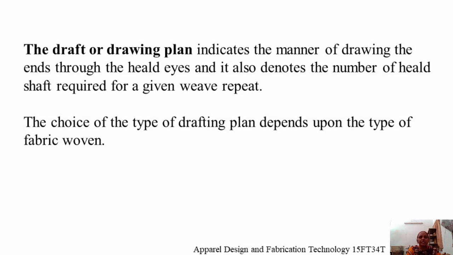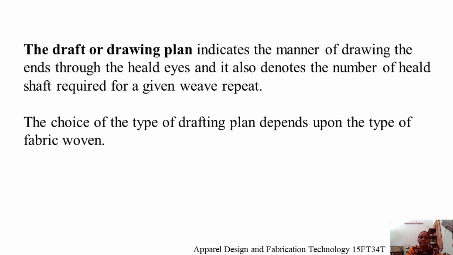For example, if you are drafting the point paper design for the plain weave, what is the interlacement order? That is 1 into 1, that is one warp interlaces with one weft. So for each raising of one warp and one weft, one below, you need two harnesses.